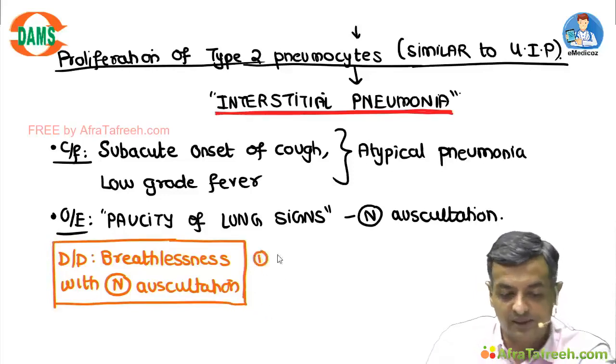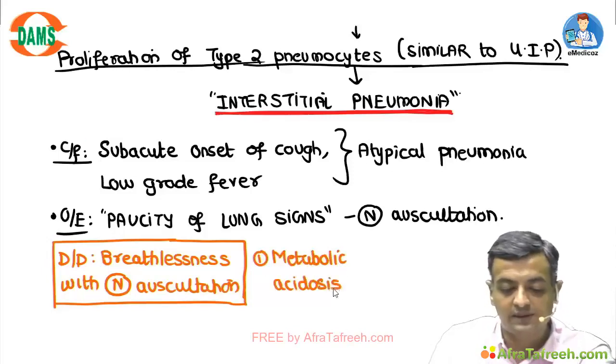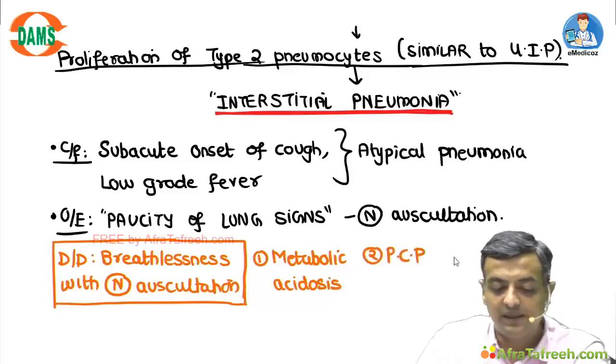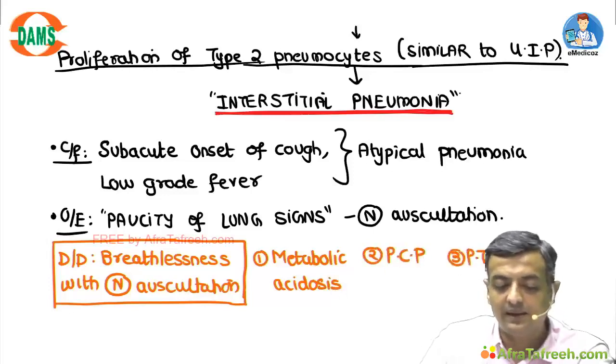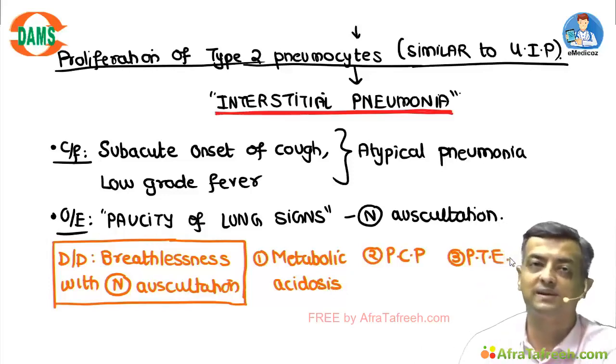We must consider the differential of metabolic acidosis, Kussmaul's breathing. It can occur in PCP. It can occur in our next topic, pulmonary thromboembolism.